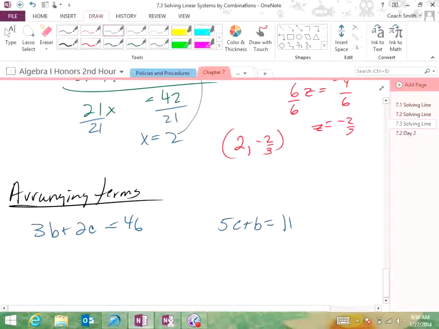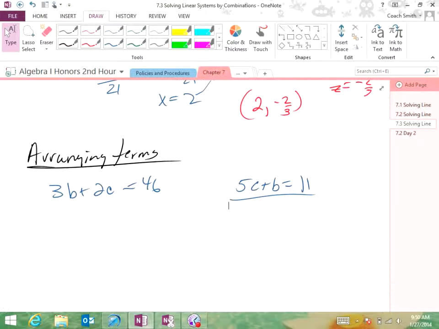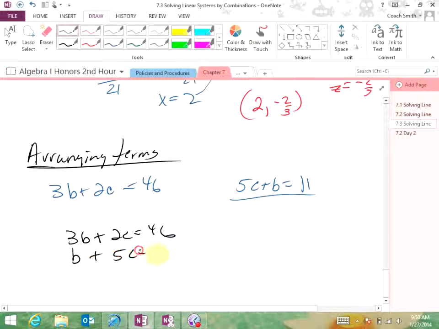So does the b come first in the second equation? No. So you just basically you're doing this. You're taking the two equations and saying 3b plus 2c equal 46 and b plus 5c equal 11. Now I've arranged the terms, but I'm still not able to get rid of anything.